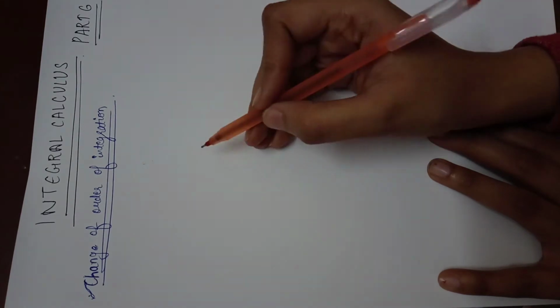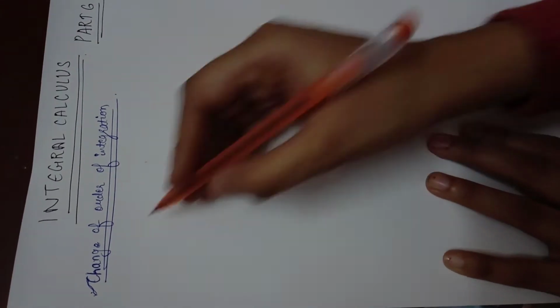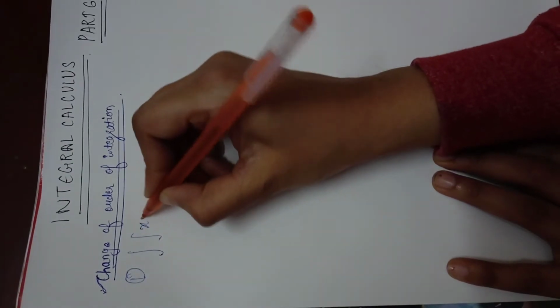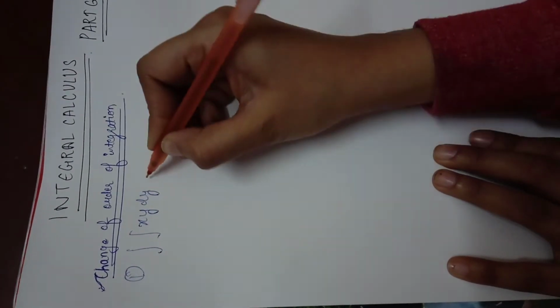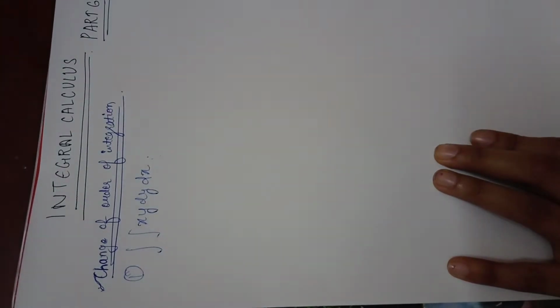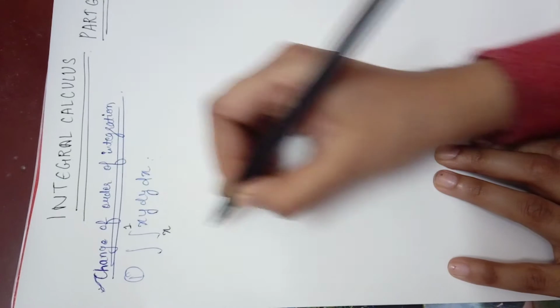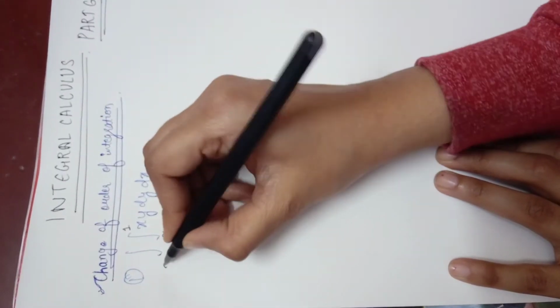So let's jump into the first question, which is the integral of xy dy dx. The limits given are x to 1 for y, and x is 0 to 1.